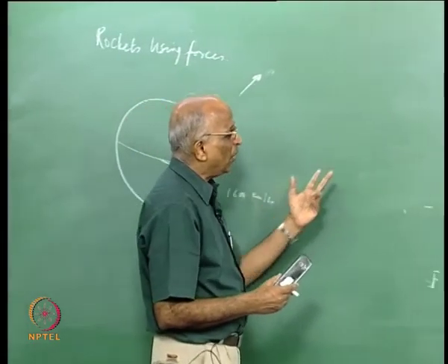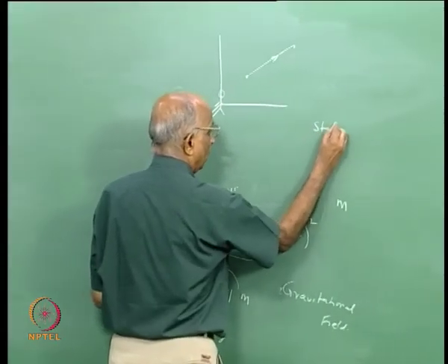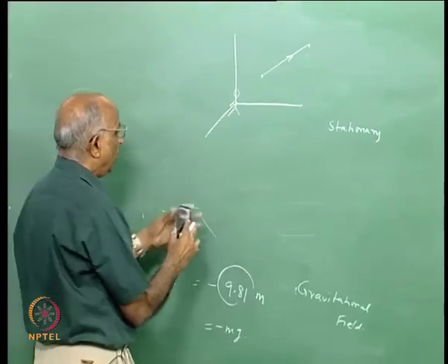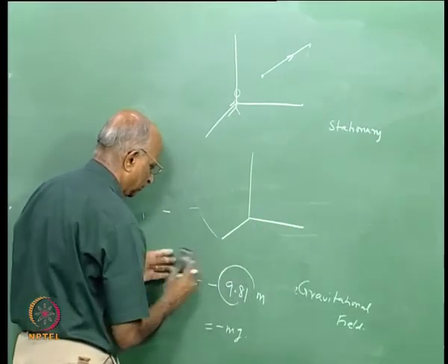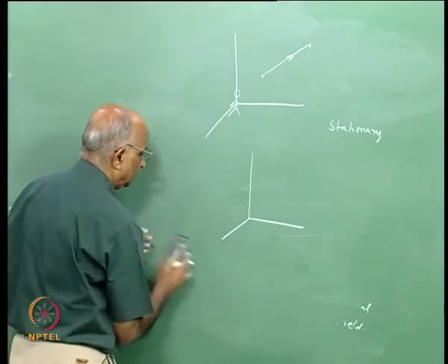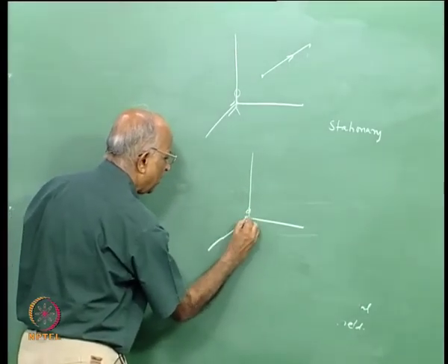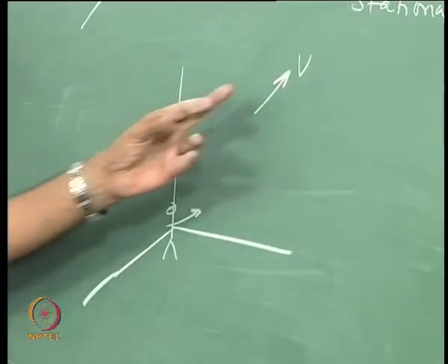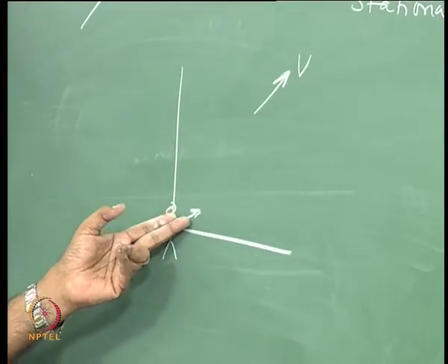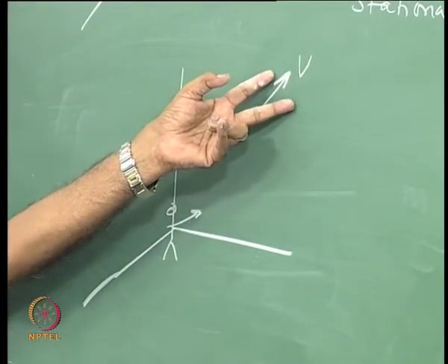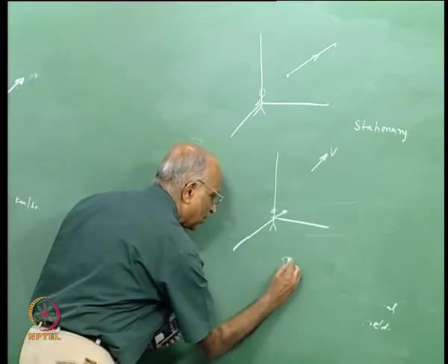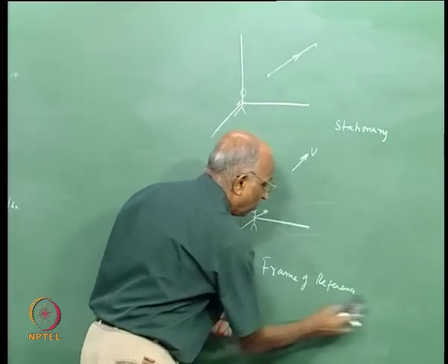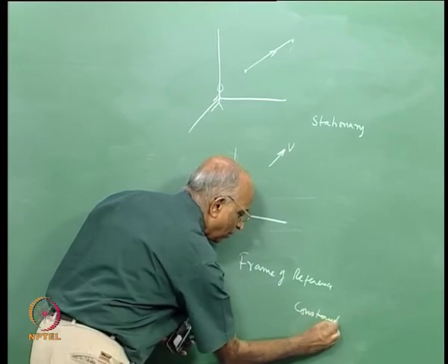To do so, I must either be totally stationary, which is difficult, or else, if I am moving at a particular constant velocity, supposing I were to move at some constant velocity and I am observing a body at a different velocity, the change in velocity of this with respect to my constant velocity will always give me the same change. Therefore, my frame of reference, whatever I consider, must either move at constant velocity or be stationary.